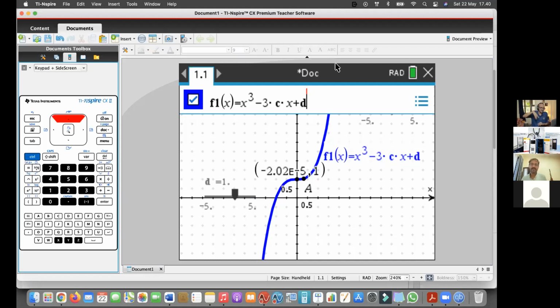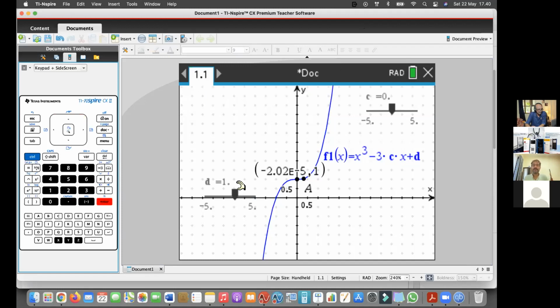It should affect the y-intercept, right? The vertical shift, exactly. It translates, that's all. It only translates up and down. So c is really, really important. It does all sorts of other transformations, I mean dilation and all those things.